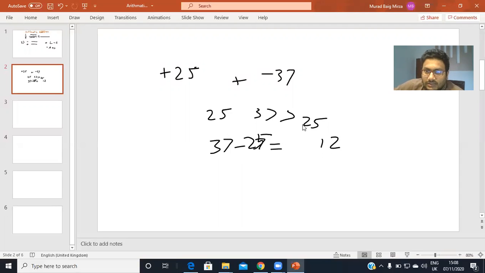The sign of this answer is the sign of the number with the greater magnitude, which is 37. It is a minus sign, so this 12 will have a minus sign. In this fashion, we can add two signed numbers represented in sign magnitude representation.